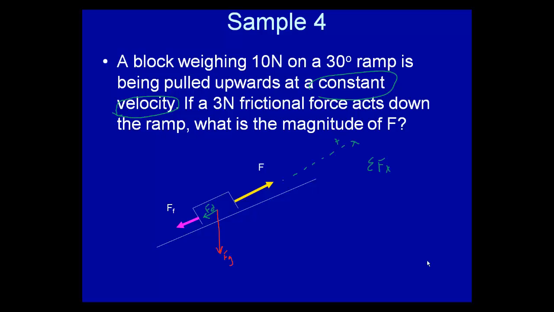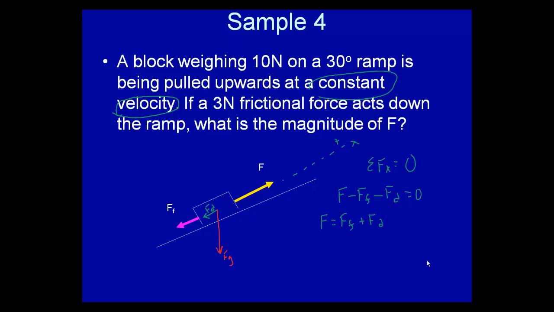So I'm going to again say that my plane is positive. I'm going to say that's my x direction, and the sum of the forces in the x direction has to add up to 0. So now up the plane is positive. So F minus the force of friction minus the force down the plane has to equal 0. When I rearrange my equation, since I'm trying to solve for F, I move it to the other side.